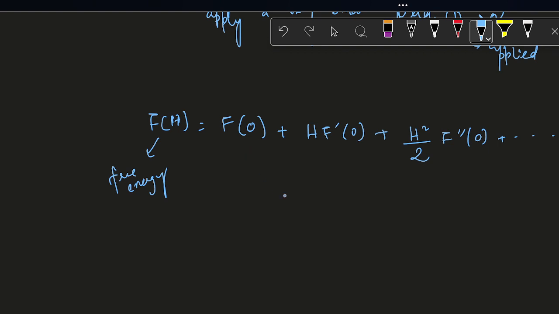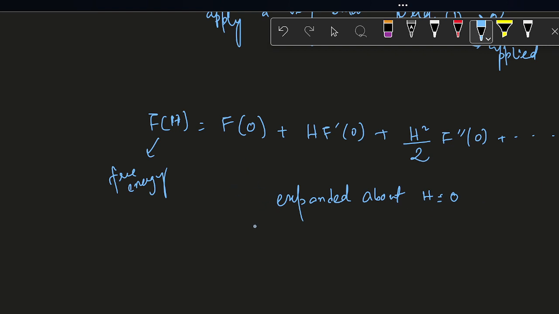So you see that this is expanded about zero field, that is H equal to 0. This is a Taylor series expansion, and the higher order terms are ignored because H is tending to 0, whatever field is applied is very small.